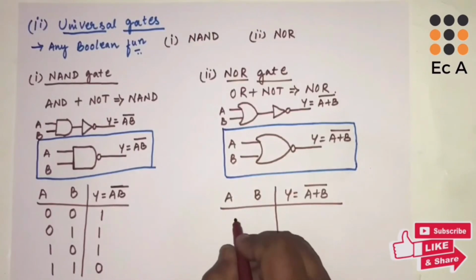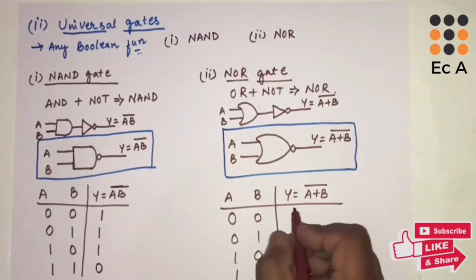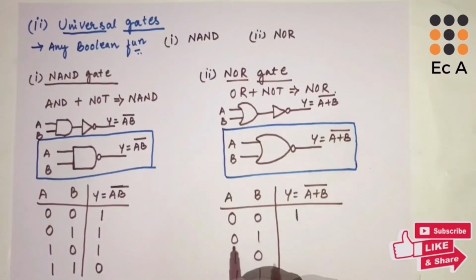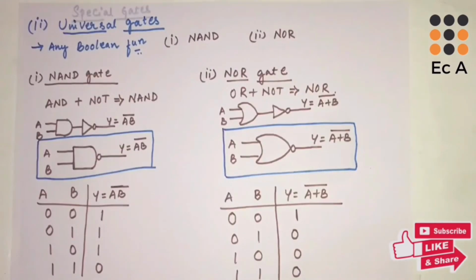So two variables, four combinations of input will be there: 0 0, 0 1, 1 0, 1 1. 0 or 0 is 0, so complement of 0 is 1. 0 or 1 is 1, complement of 1 is 0. 1 or 0 is 1, complement of 1 is 0. 1 or 1 is 1, complement of 1 is 0. So this is about universal gates.